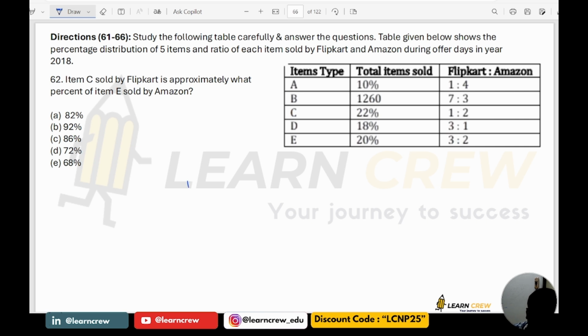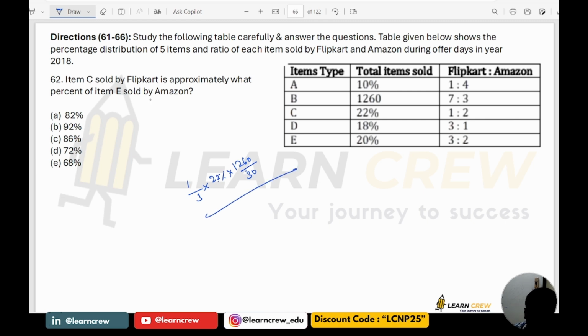Item C sold by Flipkart is 1/3 of 22% of 1260 by 30 each percentage. Okay, this is 30 percentage. 1% would be 1260 by 30. So 22% would be 22% into this value.